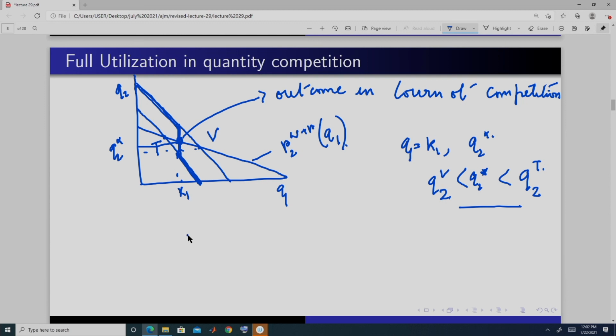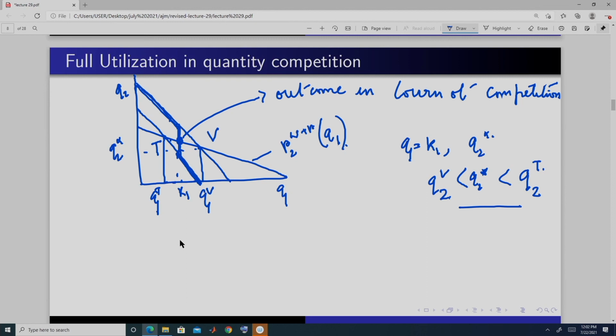So, here you can take any point K, here it will be like this only.